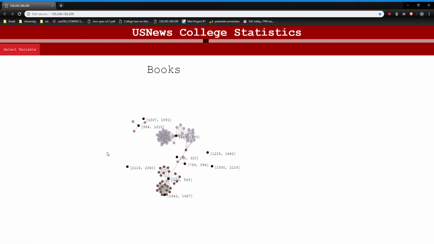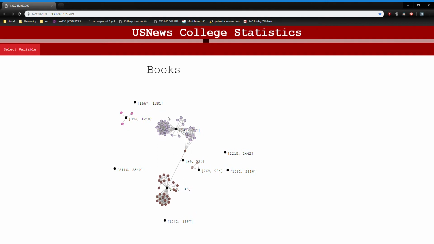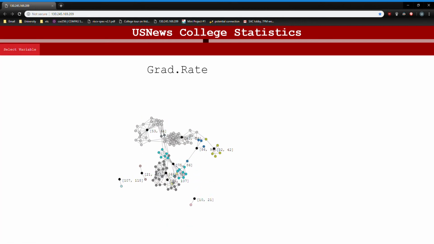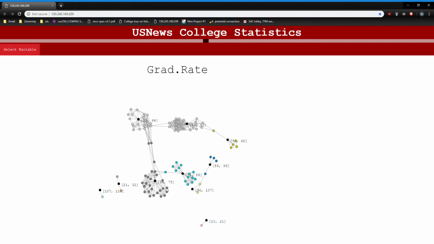You can see lots of interesting information, estimated book costs, various clusters. Some schools spend more on books, some schools spend less. And of course, graduation rate is always interesting. You can see the better schools with high graduation rates around this area, and the worst schools with minimal graduation rates.